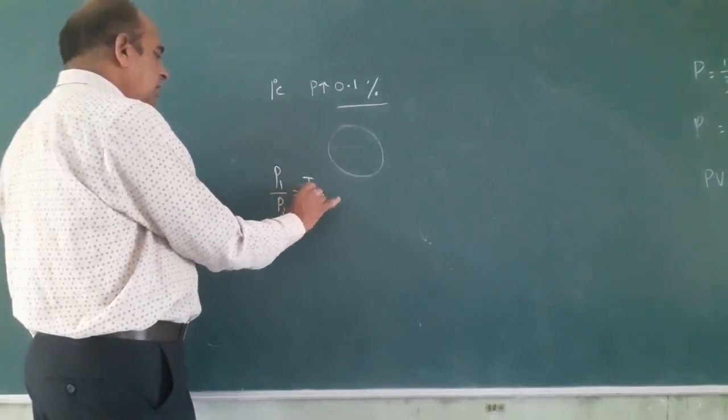Therefore, volume is constant, so we can apply P1 by P2 is T1 by T2.